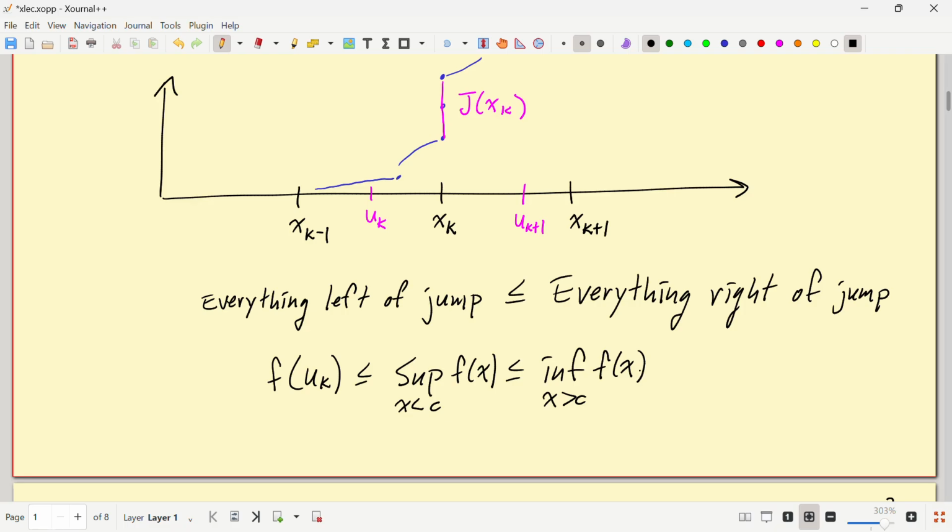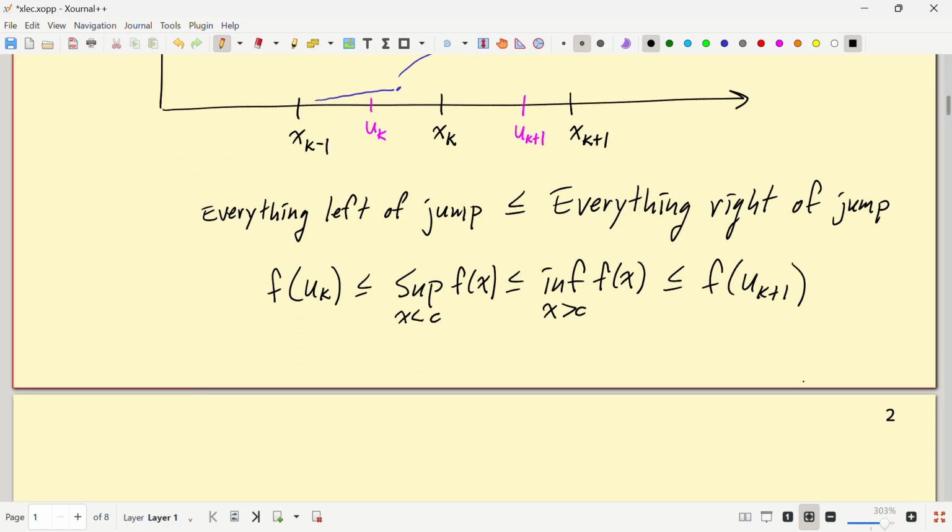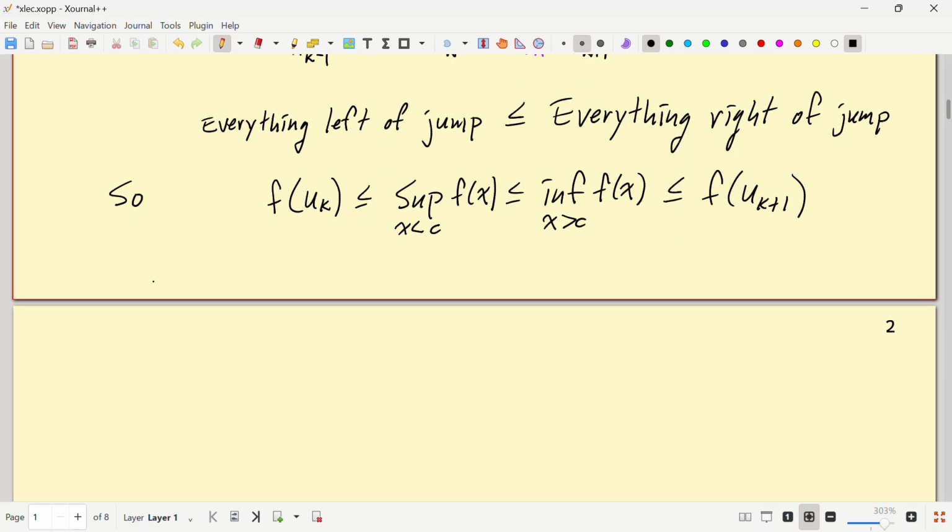And since that's the inf, that's less than or equal to f of uk plus 1. So, hallelujah, we see that, what's the big one? The big one is f of uk plus 1.